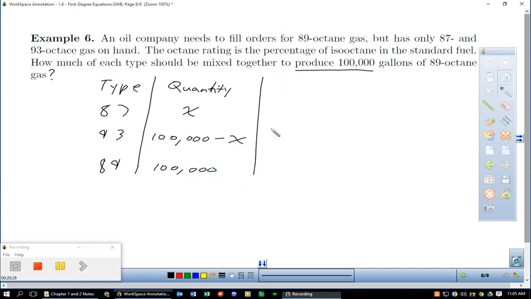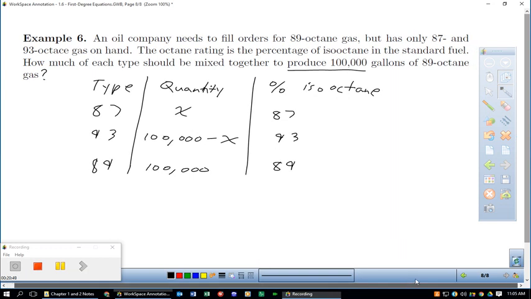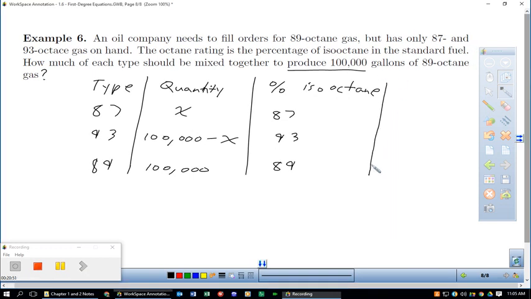Another thing we know is that this type, the octane level, tells us how much of that chemical, isooctane, there is. There's 87%, 93%, and 89%. All I'm doing so far is seeing if I can organize this some way.